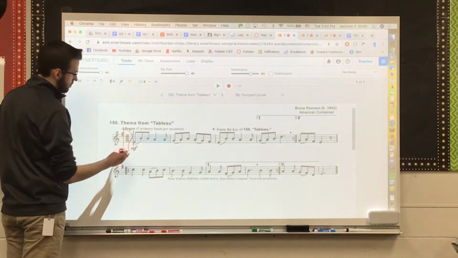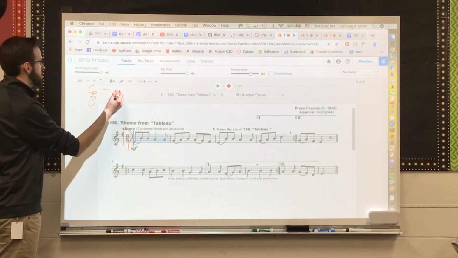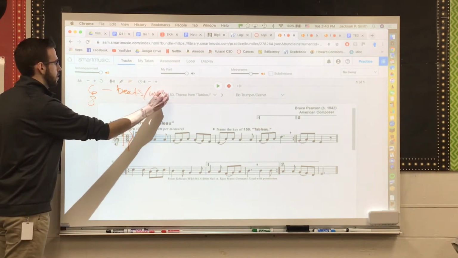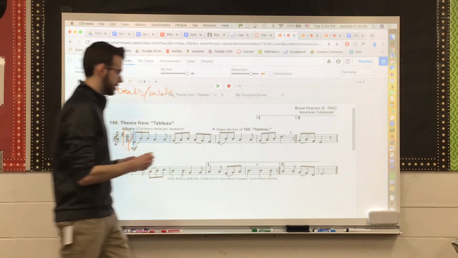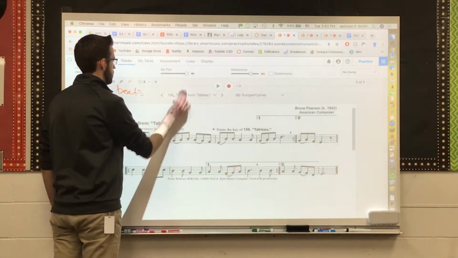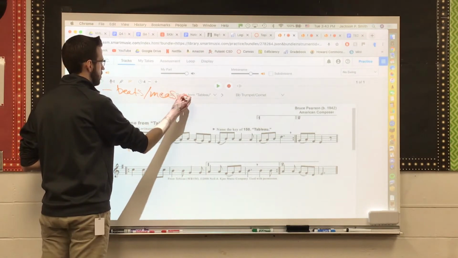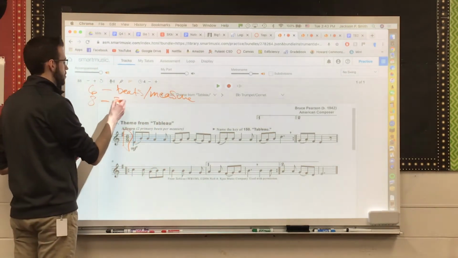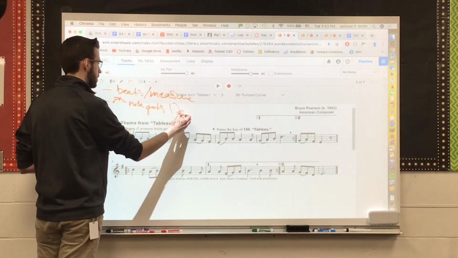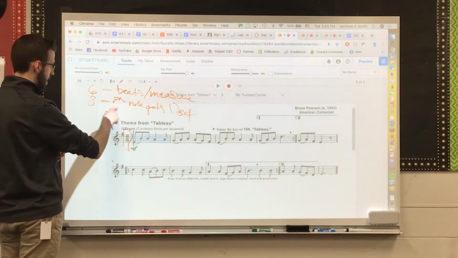We learned about 6/8 time digitally this year. 6/8 time: 6 beats per measure, and the 8th note gets the beat. Wow, if you can even read that, holy cow. 6 beats per measure, 8th note gets the beat.